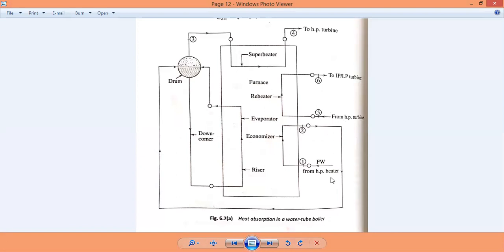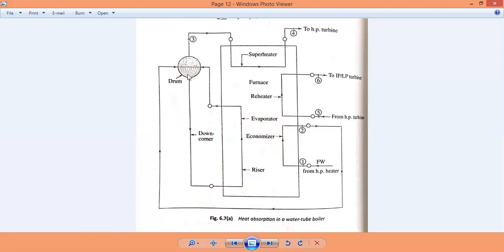And next, the feed water comes from the feed heater. This is carrying the high pressure heater. Next it is sent from the high pressure heater into the circuit. It is being heated in the furnace itself, goes to the drum.